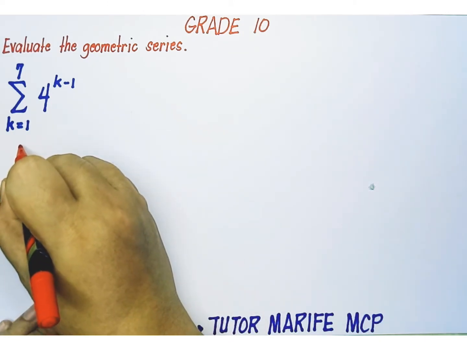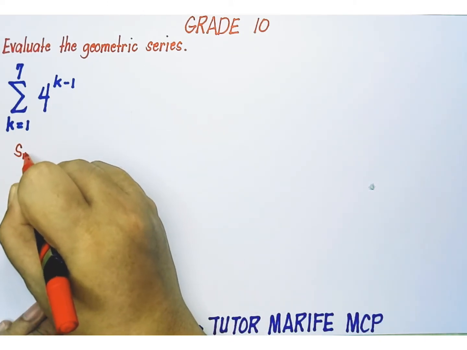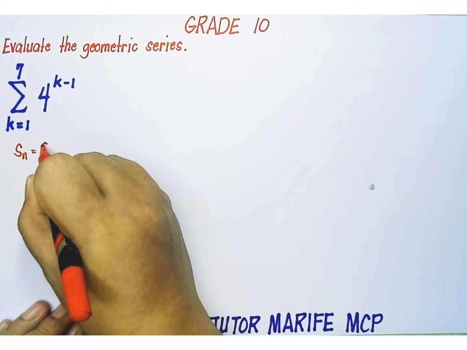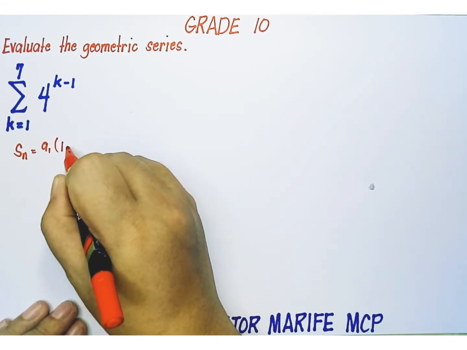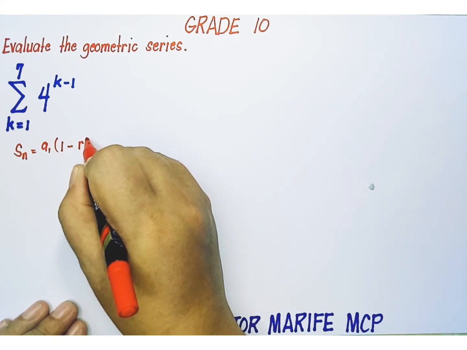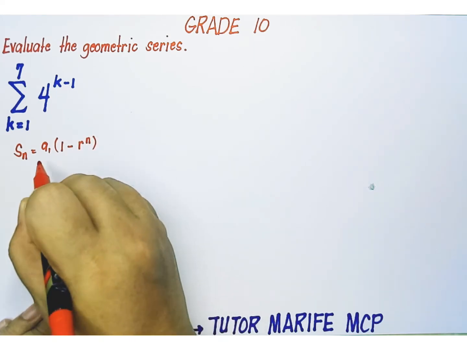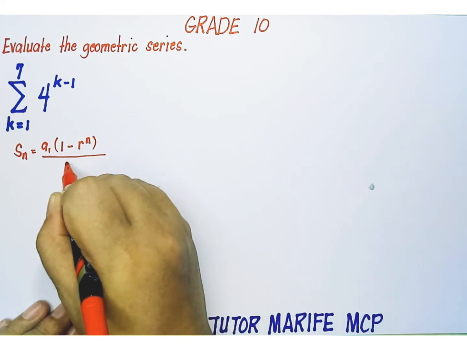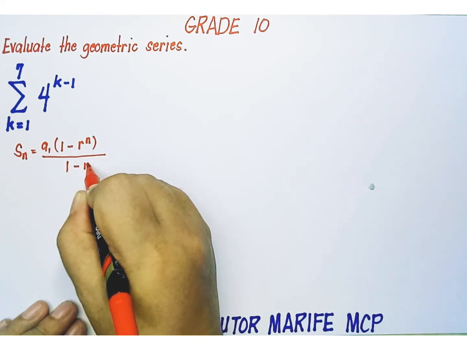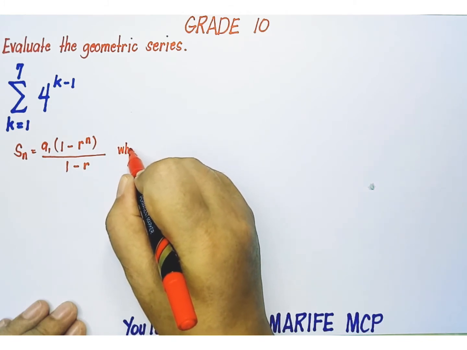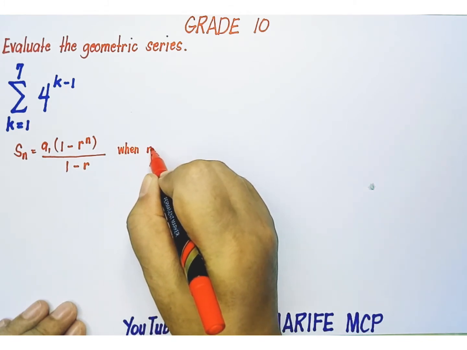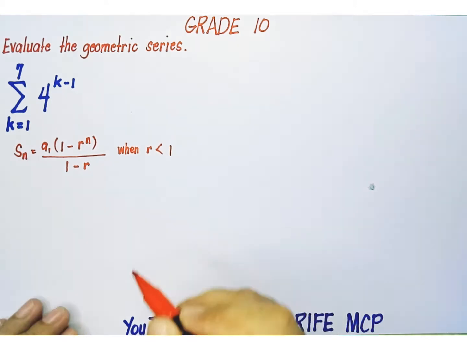We have S sub n equals a sub 1 times the quantity 1 minus r raised to n all over 1 minus r. Ginagamit mo ito when r is less than 1.